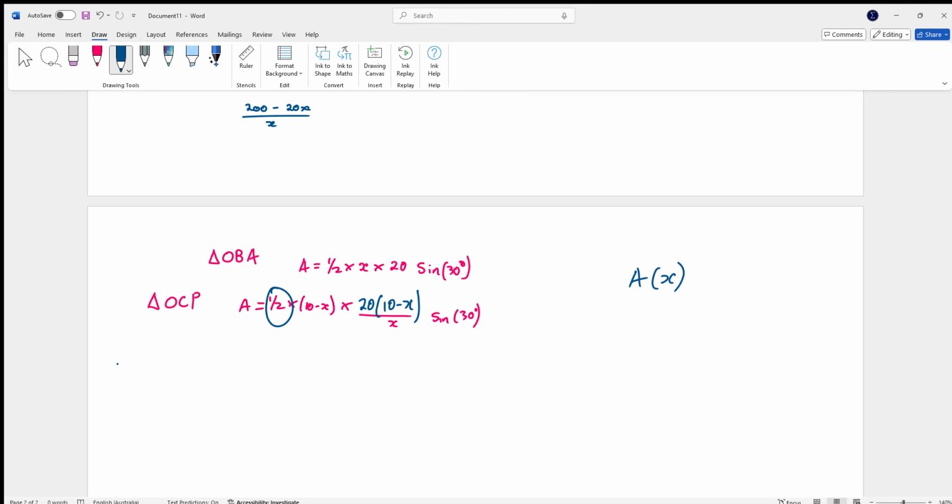So the area of both triangles is a half times 20, which is 10, so it's 10x sine of 30 degrees plus, now here there are two 10 minus x's, so you have 10 minus x squared over x, and you've got a 10 out the front there. Then you've got sine of 30 degrees.